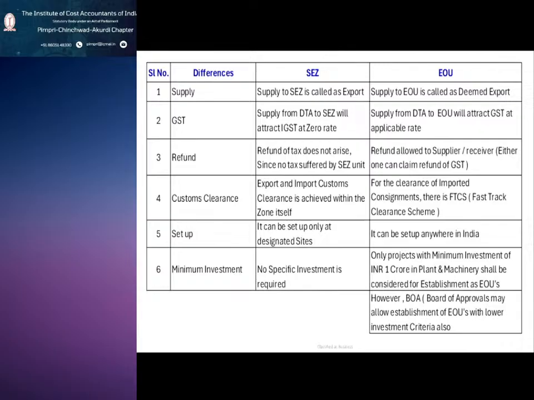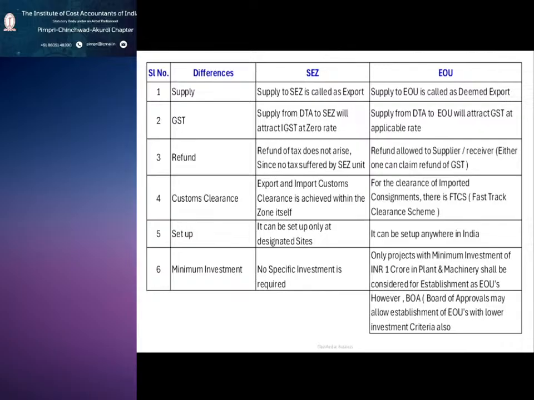Export and import customs clearance is achieved within the zone itself. There is nothing outside; it happens within the boundary only.